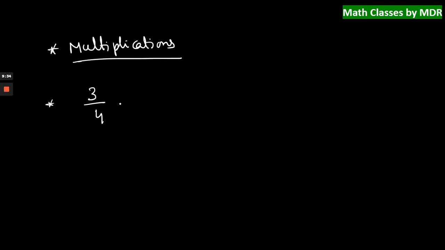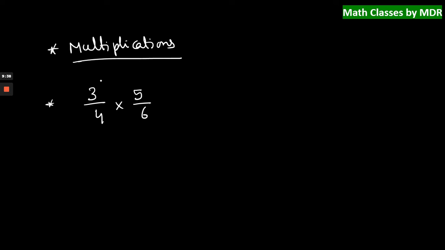Now let us see the multiplications and divisions. Multiplication is pretty easy. You don't need to worry about the LCMs. You don't need to worry about converting the denominators, making the denominators equal. Nothing to do. Whenever you come across multiplications, let's say that we have 3 by 4 into 5 by 6.